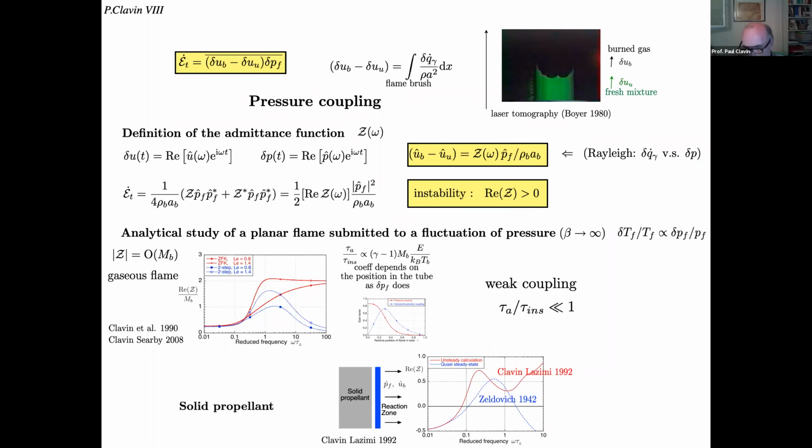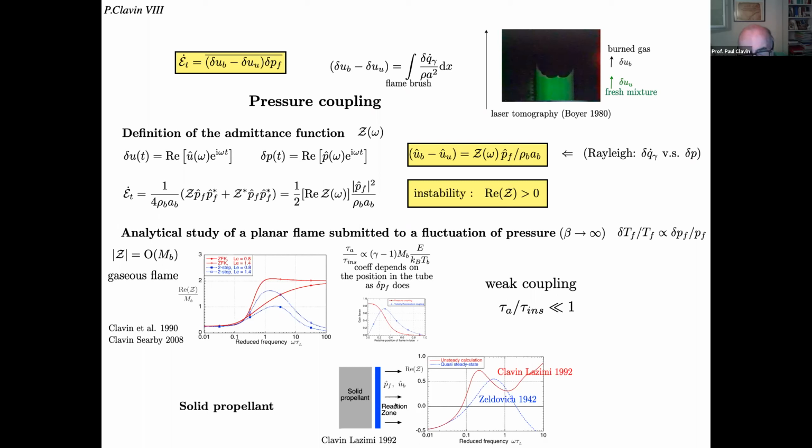Also, you have a closed end of the tube, which is a solid propellant burning. By the same argument that was developed here, you can compute this velocity. Now you have only delta U plus, you have only delta U B, and you do not have delta U minus, because there is no fluctuation.